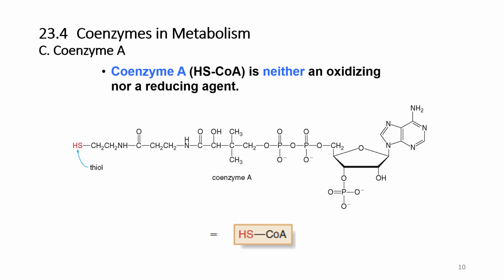It is not an oxidizing or a reducing agent, but it is a carrier of 2 carbon units in the acetyl-CoA molecule, and its reactive end is a thiol group. If you recall, when we looked at acetyl-CoA, the acetyl group was bonded to this thiol group. We had a thioester bond here, but as you can see, this is a big molecule as well. Very important.